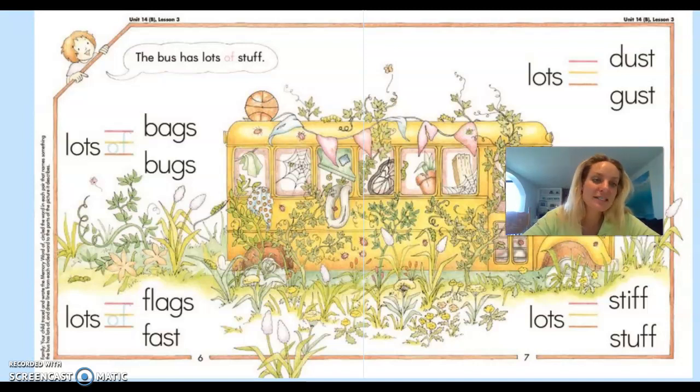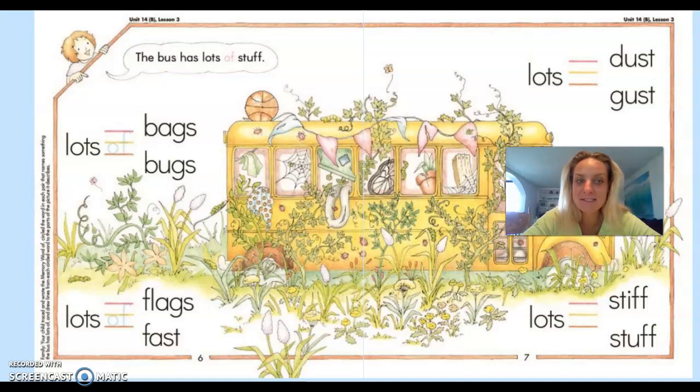Then you're going to go to the top corner and it says lots of dust, lots of gust. So I made sure I sounded out the word and there's a nice blend at the end. So lots of dust or lots of gust. You're first going to write the word of, and then you are going to circle the word dust. Okay, move down to the very bottom.